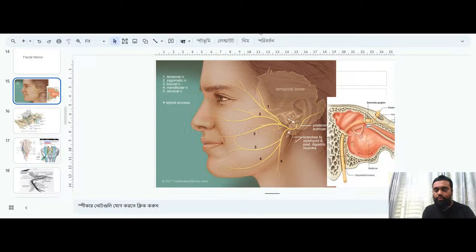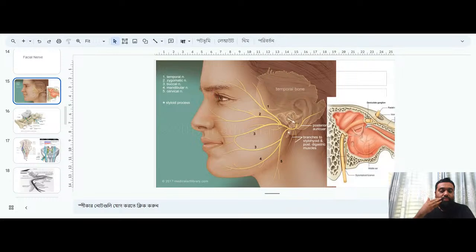So now I want to ask you a question. When there is a lesion, I'm not sure whether it is upper motor or lower motor. I would give two examples of two people. One person has facial nerve palsy.